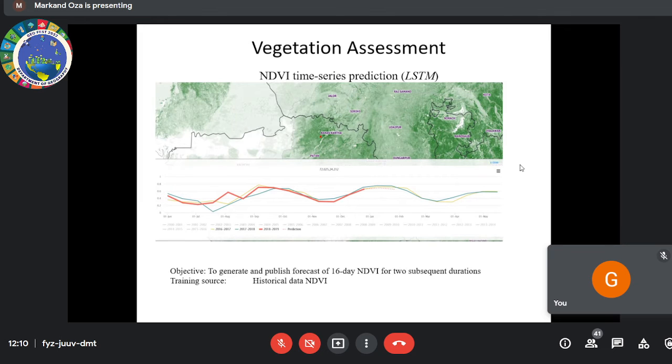For such things, data have been trained using machine learning techniques. LSTM has been adopted, and routinely a 16-day, basically T+1 and T+2, forecast of NDVI time series all over India is also provided, so that managers sitting in the server room and providing correct information to decision makers can guess what is going to be the growth of vegetation, whether it is going to be normal, below normal, or above normal.